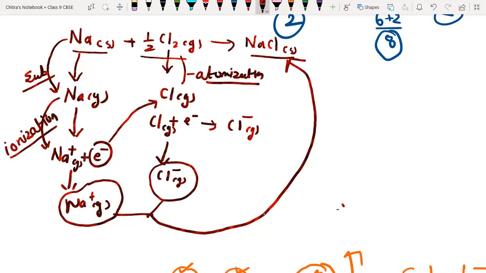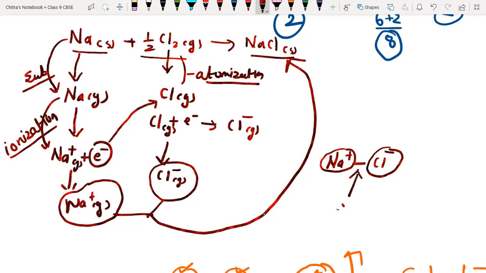Okay, I am just going to make you understand that the sodium positive ion and chlorine negative ion are oppositely charged particles. So they will attract each other and form a compound. So here the force of attraction will be higher. Sodium and chlorine are opposite charged particles, that's why they have a strong force of attraction.